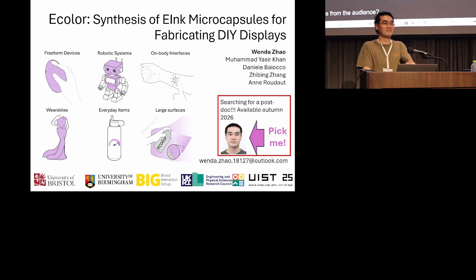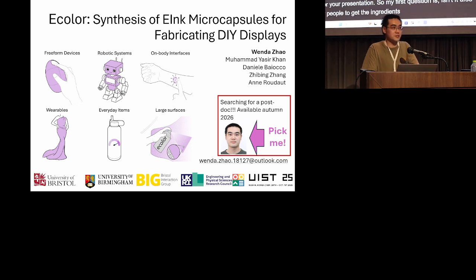Thank you for your presentation. So my first question is, isn't it also more difficult for people to get the ingredients to produce the ink than getting, for example, a circuit with the ink, depending on the specific type of chemicals? So what we're talking about here is nano-sized material, like the white particles.